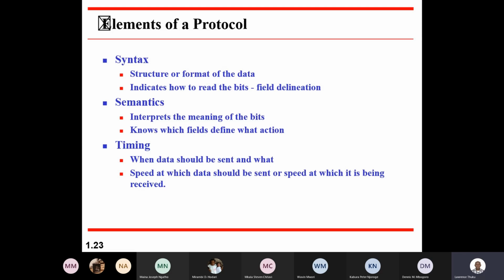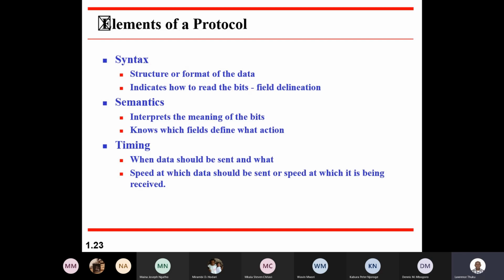So when you talk about protocols, you need to think in terms of the following things. One is syntax. Just like in programming we always talk about semantics and syntax. Syntax is the structure of the protocol itself and how it has been developed to be able to perform certain functionalities.